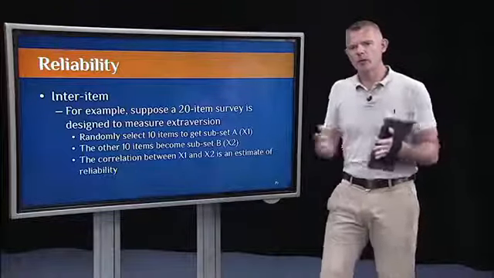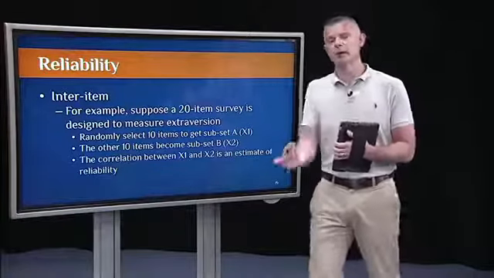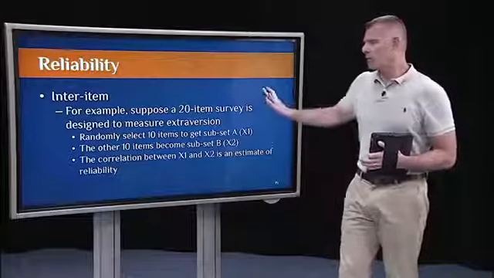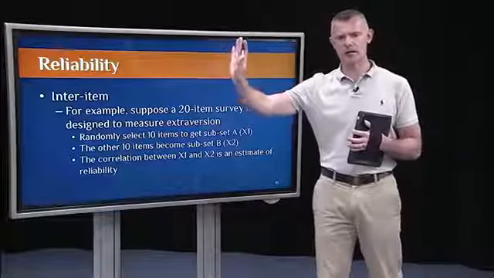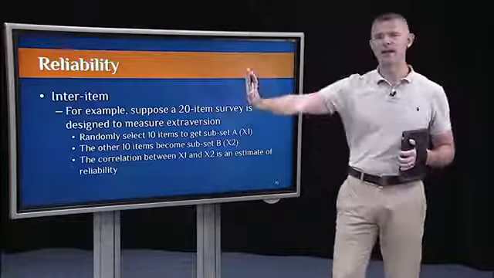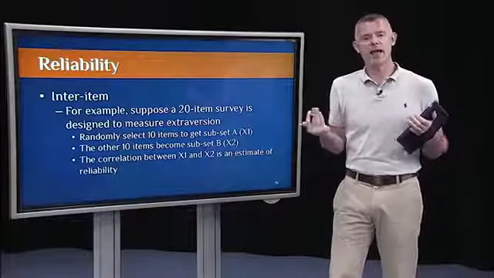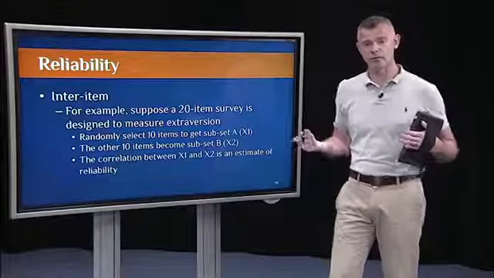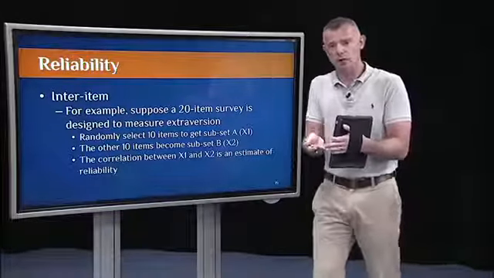And what we can do is look for correlations among those items that purportedly measure the same trait. What we can do to estimate reliability is just take half of the items that are designed to get at extraversion and call that subset A. And then take the other half and call that subset B. Now we have two assessments of extraversion built into one overall survey.